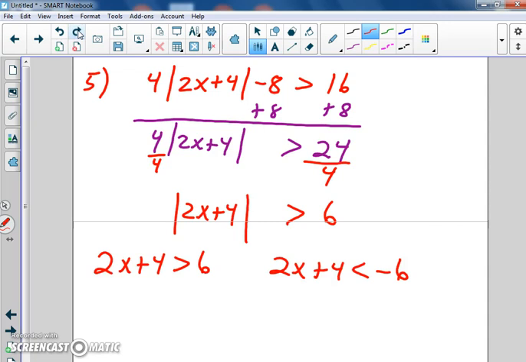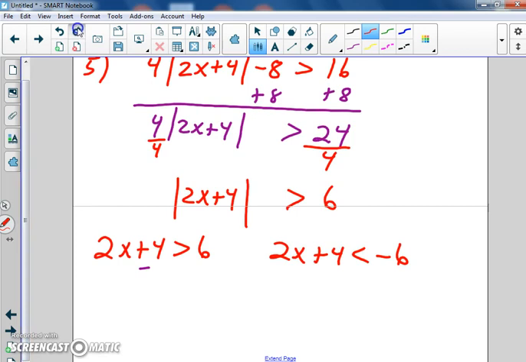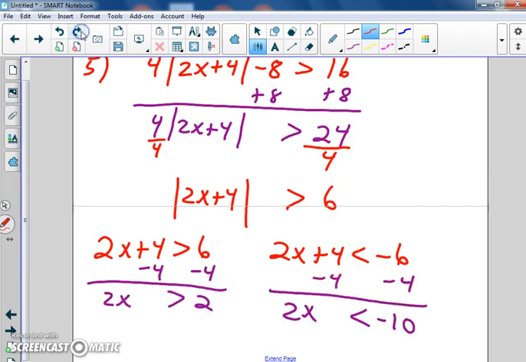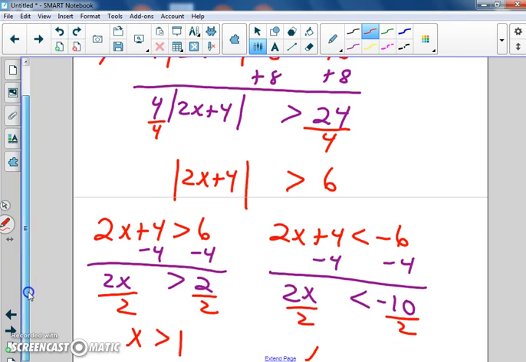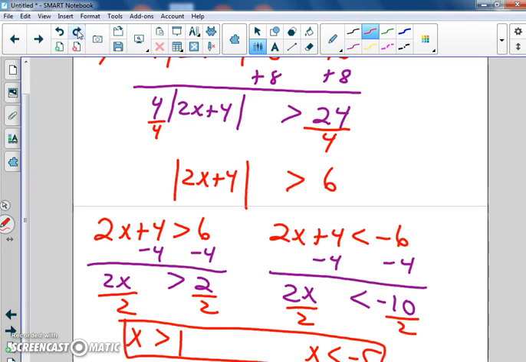Remember to flip the sign. Now get x by itself. So you're going to subtract 4 from both sides and divide both sides by 2. Divide both sides by 2 now. You'll get that x is greater than 1 and x is less than -5.